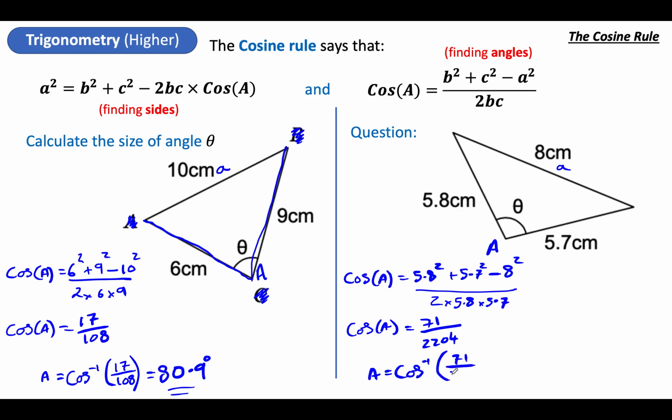Whether you're working with a fraction or a decimal, you need to find inverse cos of it. I'm going to press shift, press cos to get inverse cos. 71 divided by 2204. The answer is 88.2 degrees.